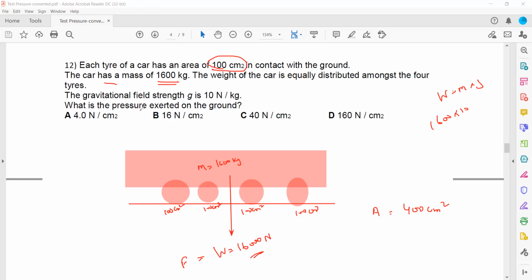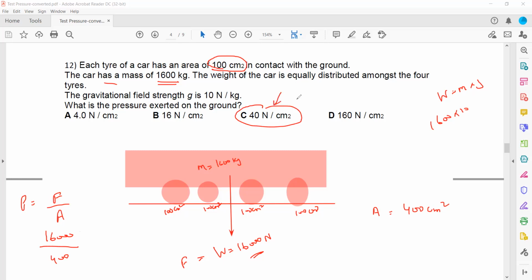And the total area of the car tires in contact is 400 centimeters square. To calculate pressure, it is force divided by area. So force is 16,000 divided by area 400. So 16,000 divided by 400, that will be 40 Newton per centimeter square.